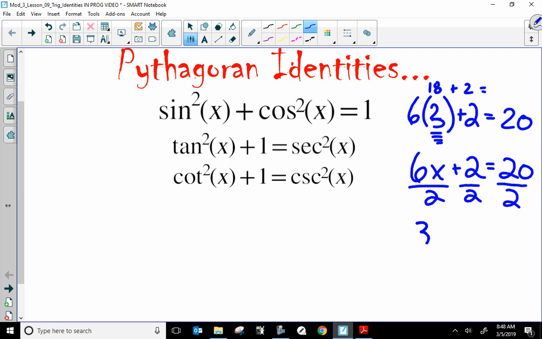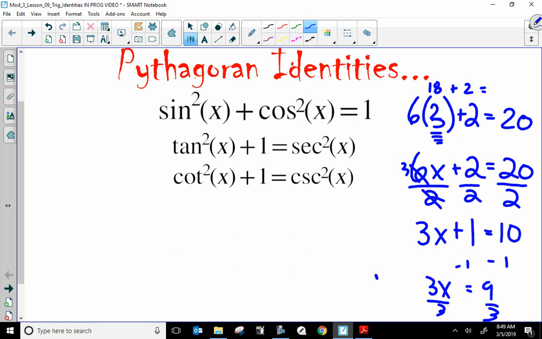So now I have 3x, because 2 goes into 6 3 times, plus 2 divided by 2 is 1, equals 2 goes into 20 10 times. If I were to solve this, subtract 1, and I get 3x equals 9. And if I divide by 3, my x still equals 3. I'm still good. My equation still held true.